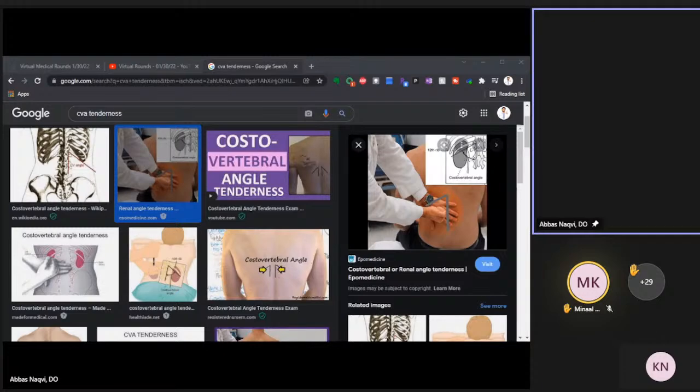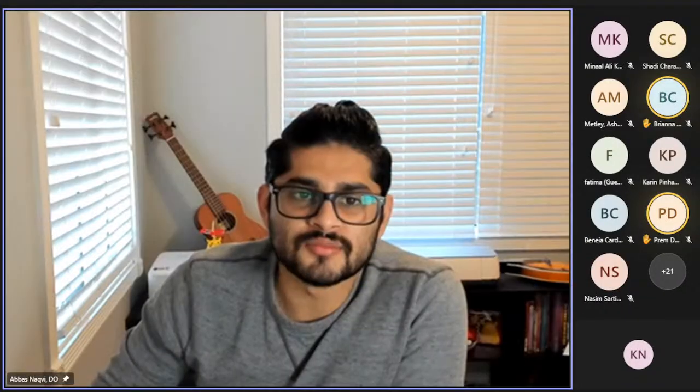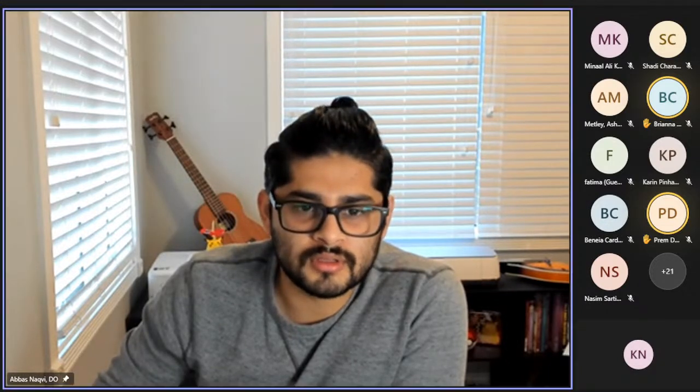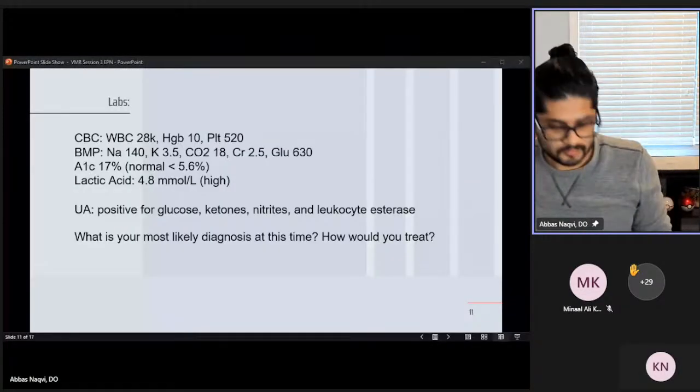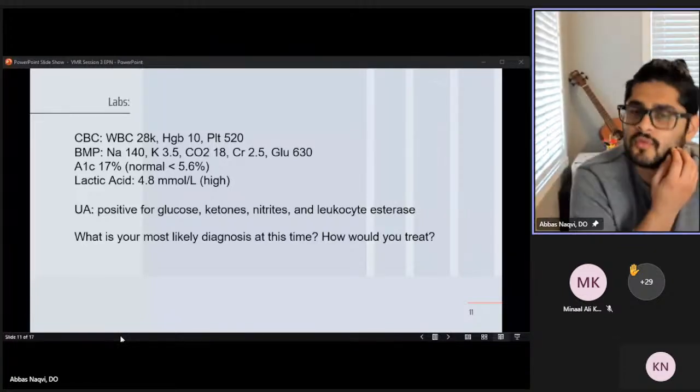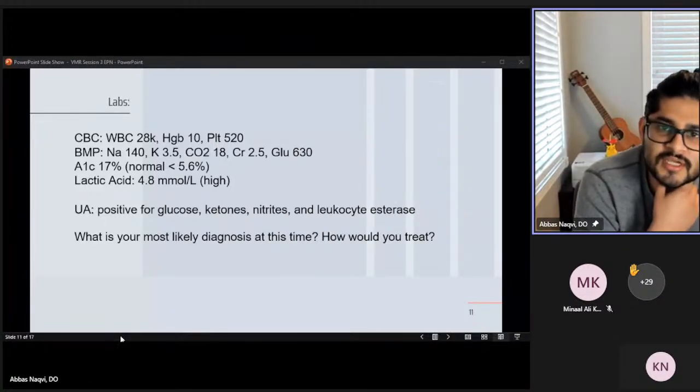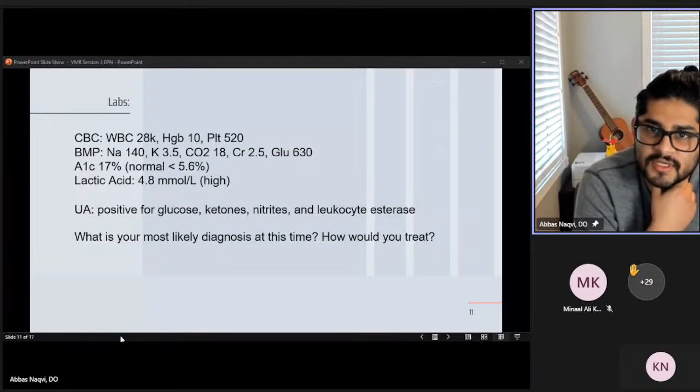All right, let's go forward, and let me switch the screen again. Tasha, I'm going to have you look at the labs and interpret some of them for me, okay? Okay. So the CBC has a white count of 28,000, hemoglobin of 10, platelets of 520.